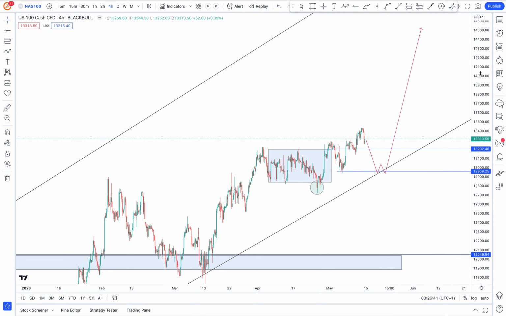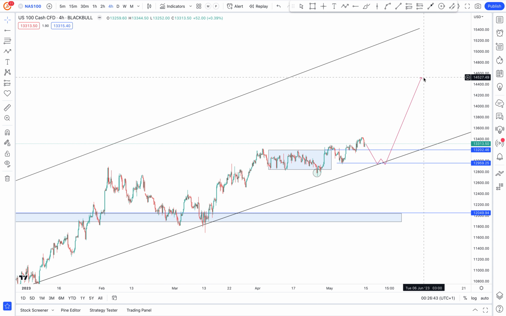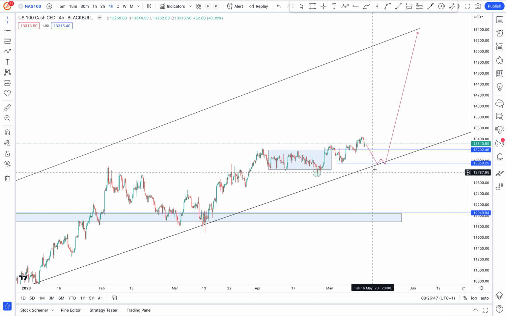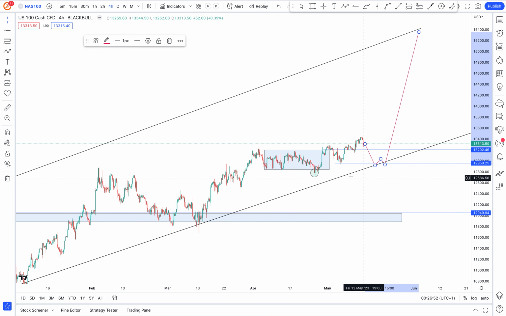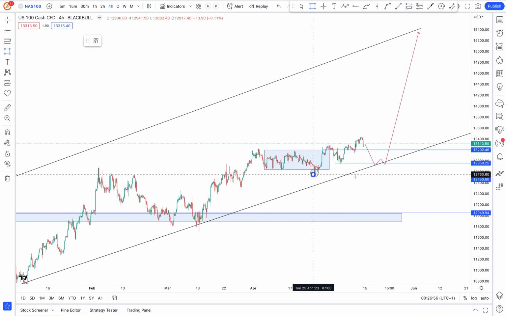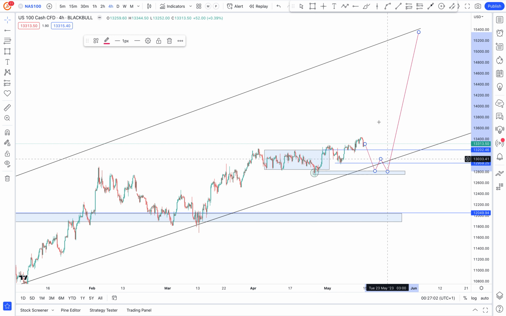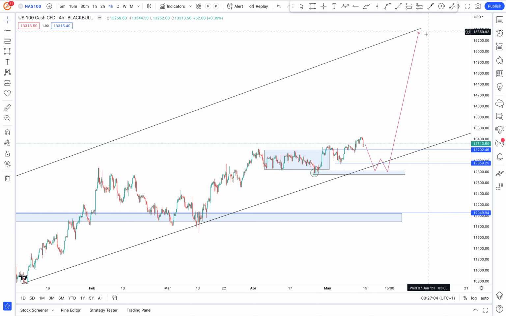So my bias for this week is bullish movement on NAS100. But before that, I'm expecting price to come back down to this low, take out stop losses that have been placed around this zone, and then this impulse move up.